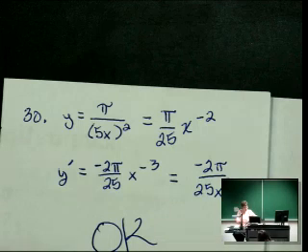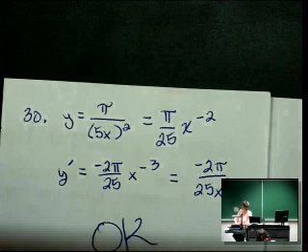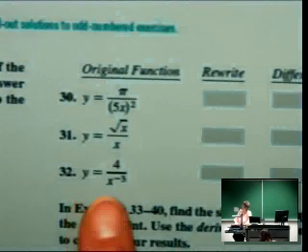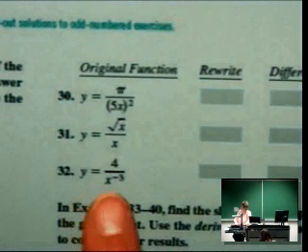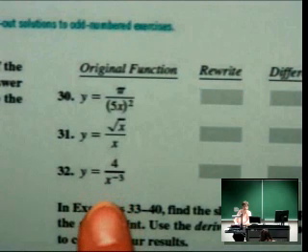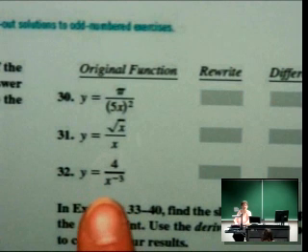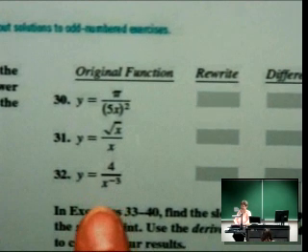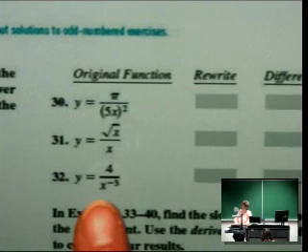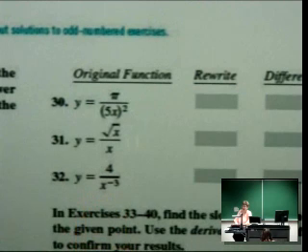I'm not going to write down number 32. Just let me ask you, how could I write 4 over x to the negative 3 as a constant times x to a power? Wouldn't that be 12? No, you're doing calculus. I'm just asking the algebra question. How could you rewrite that as a constant times x to a power?